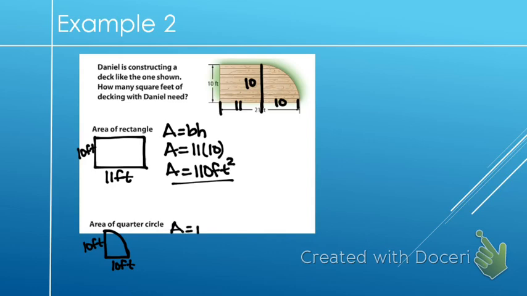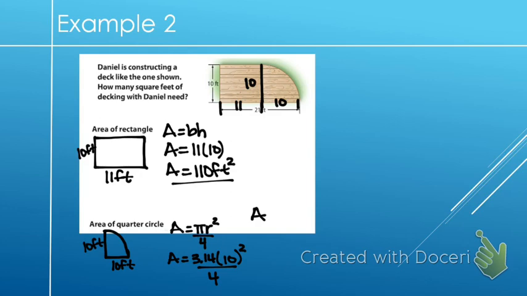Since we know it's a circle, we know our formula is pi r squared. But since it's a quarter of a circle, so it's divided into fourths, so I know I need to divide it by 4. So I have 3.14. We already know our radius, which is 10, and it's squared, all divided by 4.